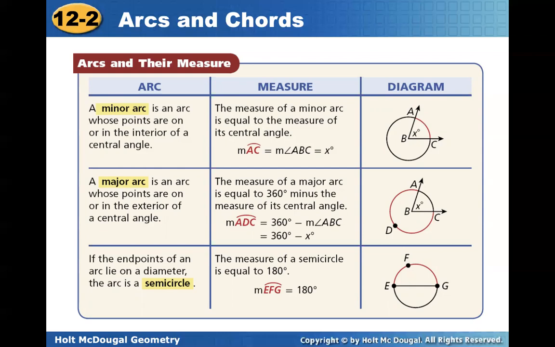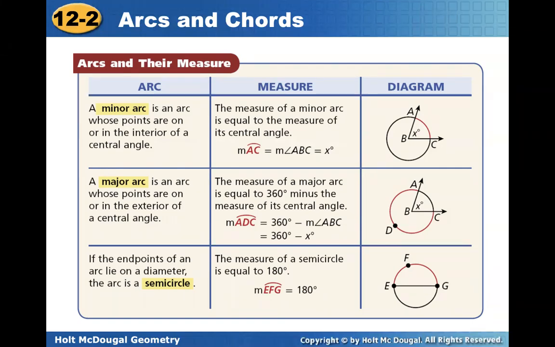So the major arc is the piece of the circle that's on the outside. The measure of the major arc is always 360 minus the minor arc, or minus the central angle. So 360 minus this central angle will give us the arc degrees. A major arc is always labeled with 3 letters. A minor arc is always labeled with 2 letters. Don't forget that.